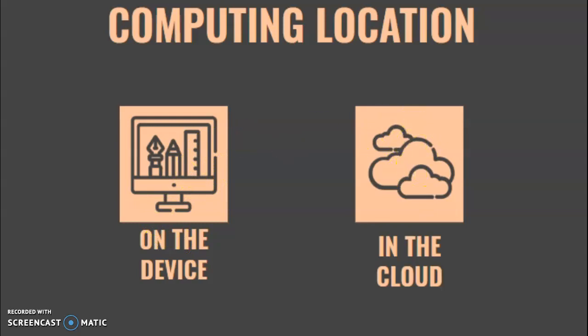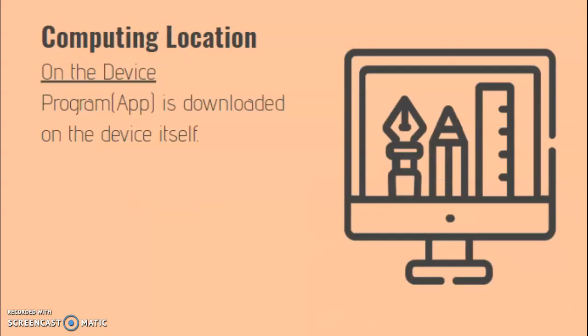The other one is in the cloud. So the program is up in the cloud and you're just using your device as an interface between the cloud and your computer. So at the computing location here on the device, the program, or the software is what it used to be called, but now it's called apps, is downloaded on the device itself.